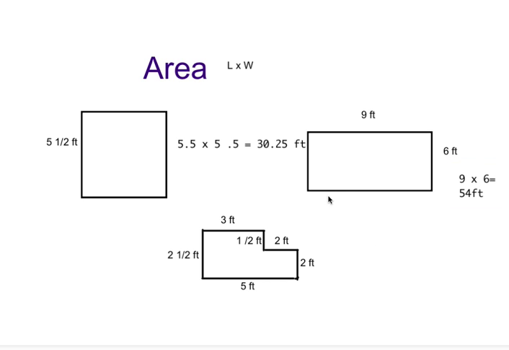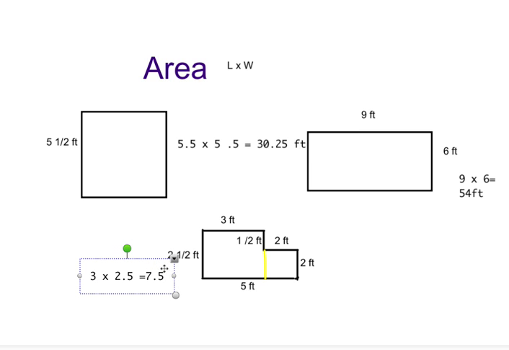Now this is a tricky one because it's not a square. The easiest way to do this is to cut your shape into 2 squares. So I will take and make 2 boxes. So if I measure this first section, it's no longer worth 5 feet. This box is worth 3 feet right here and 2.5 feet right here. So I'm going to take and multiply 3 times 2.5, and I'm going to get 7.5.